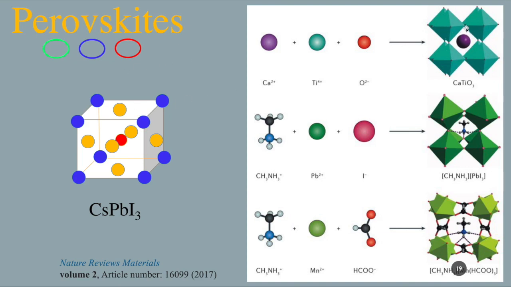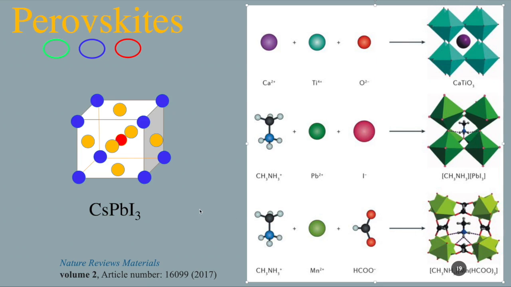In the perovskite, the 8 octahedra are connected like this, and the center position of these octahedra is occupied by either calcium or cesium, or we even have hybrid organic-inorganic perovskites like this, where you have the methylammonium ion in the center position. So similarly, we have more diverse structures like this.